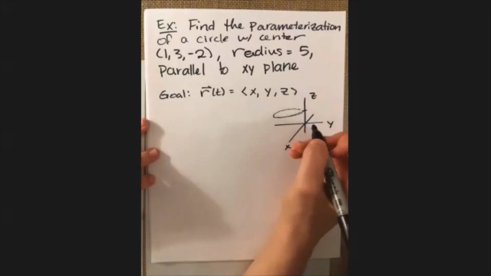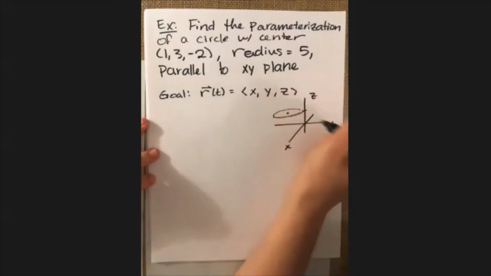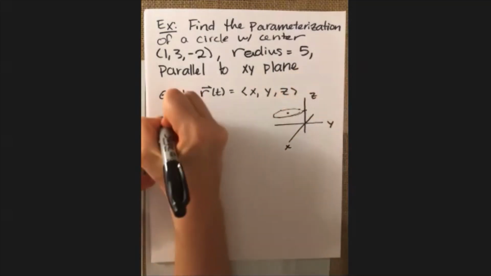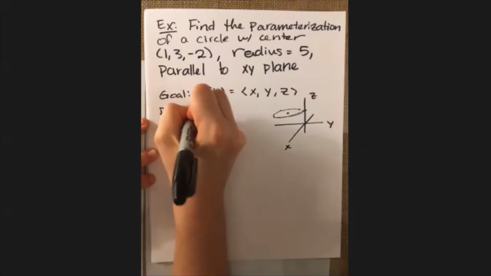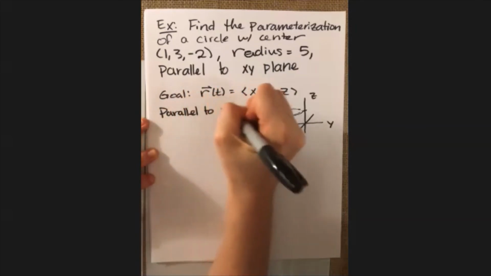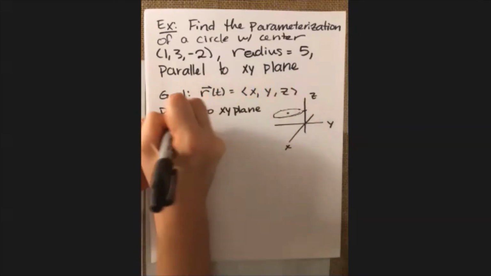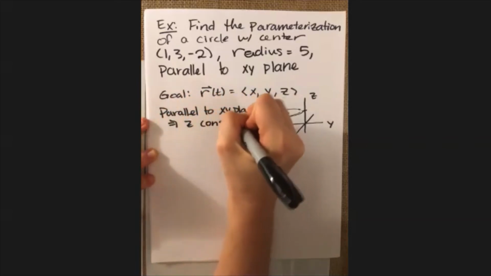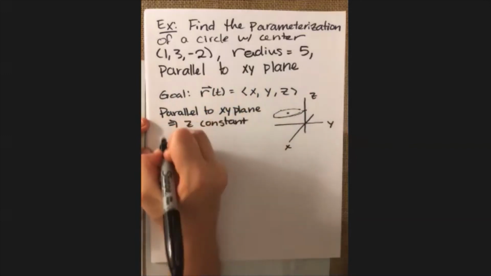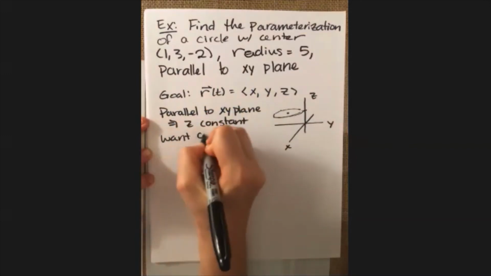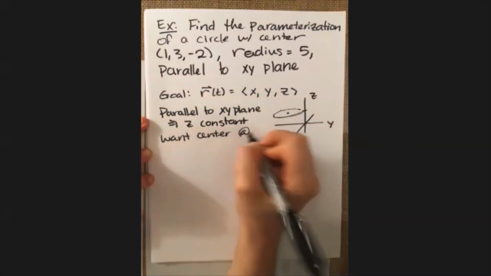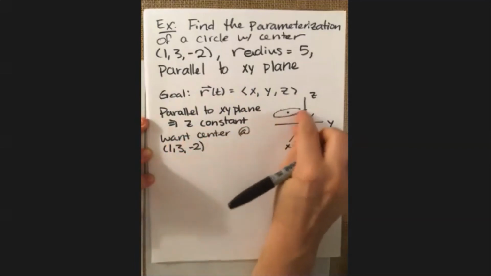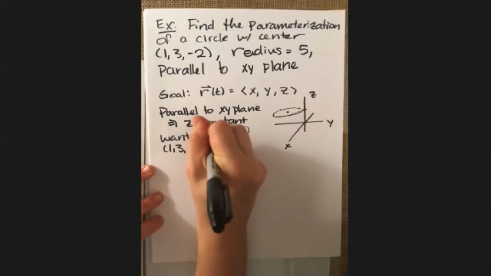So that means that z at the center is the same as, say, z over here, or anywhere else on the circle. So since we know that we have the center at 1, 3, -2, we must have that z is equal to -2 everywhere.